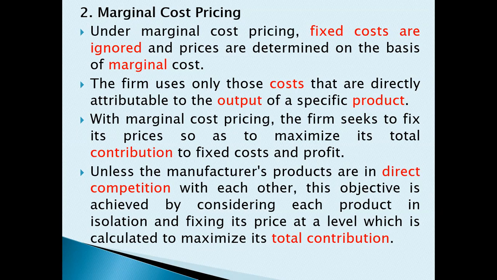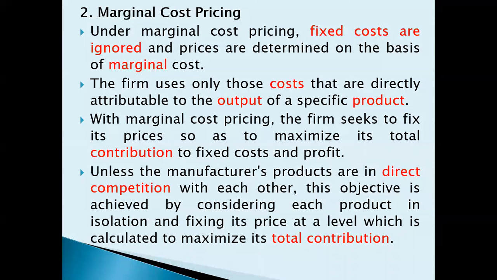Now, for example, your level of activity was 100 units, and for example, rent for that factory is 5,000 rupees. Now, this 5,000 rupees as a rent is recovered through these 100 units.